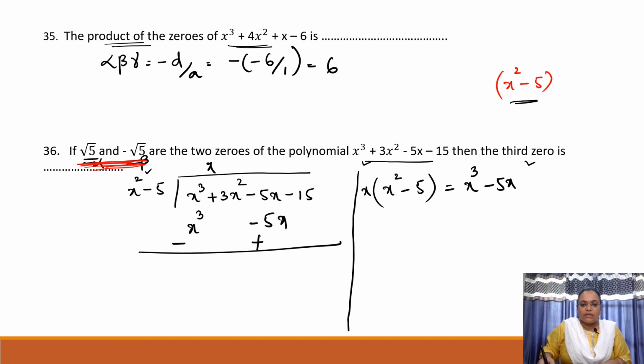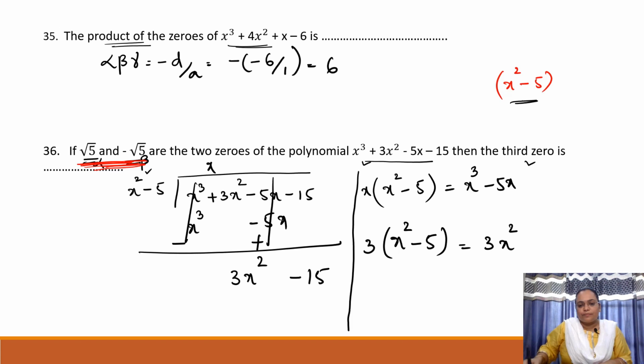Changing the signs, this will get cancelled and this will get cancelled. That will be 3x square minus 15. Again, I'll take x square minus 5. Again, I'll multiply it with 3. I will get 3x square minus 15. Here, I'll take it as plus 3. 3x square minus 15. Again changing the signs, both will get cancelled.